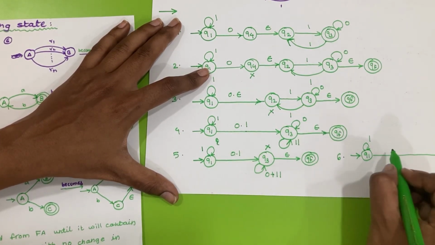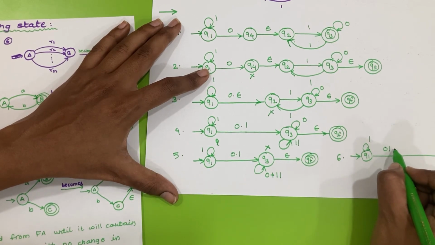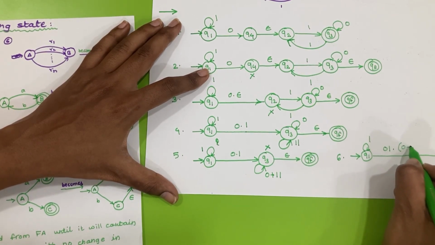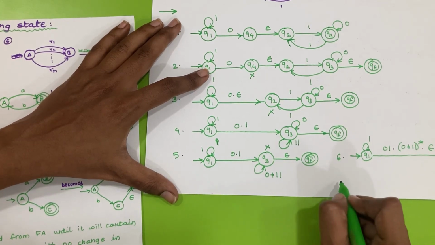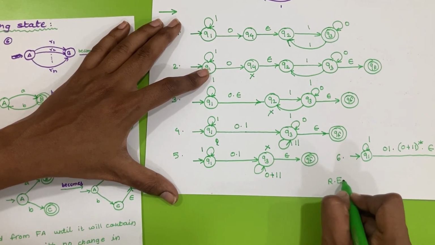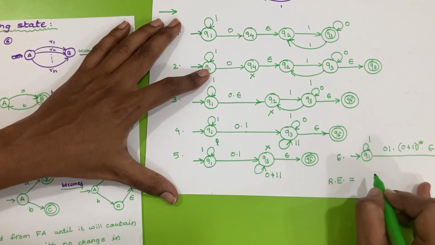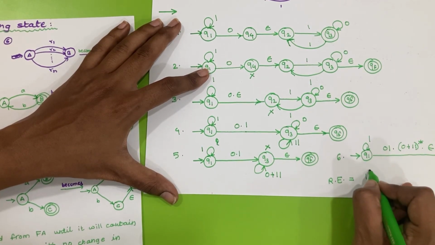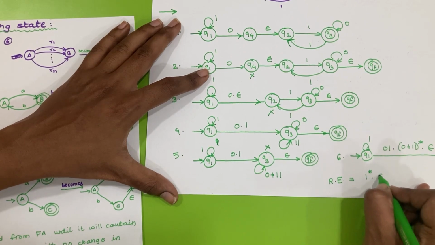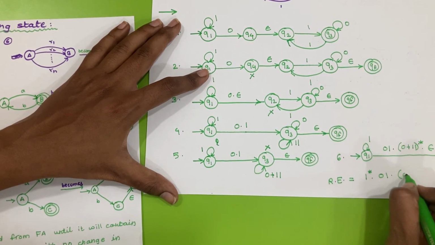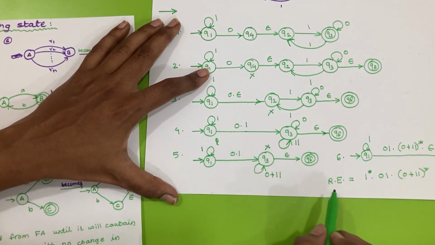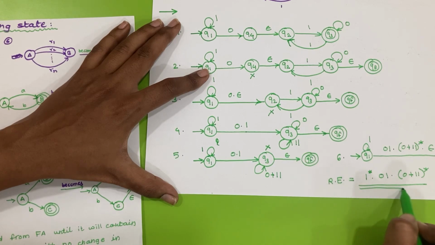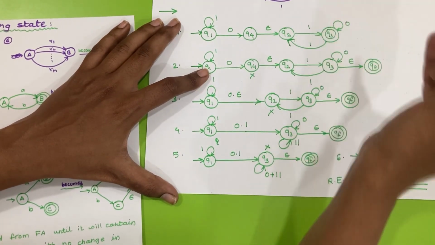So this will be concatenated as 0 1 dot 0 plus 1 1 bracket star dot empty. The resultant RE will be, first we have loop for 1, then 0 dot 1, then 0 plus 1 1 bracket star. This is our final regular expression for this given finite automata.